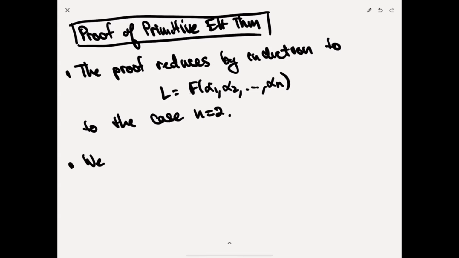I'm not going to work those details out. So we will write L is equal to F of alpha, beta. This is what we'll look at, and now we're going to want to show that this thing is generated by a single element, that this is a primitive element.